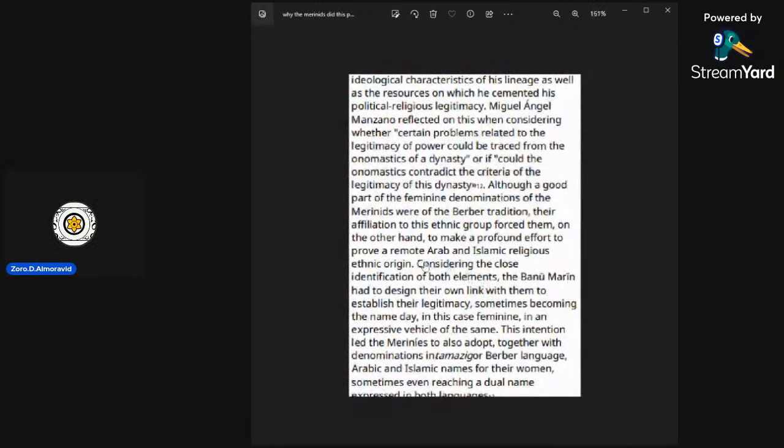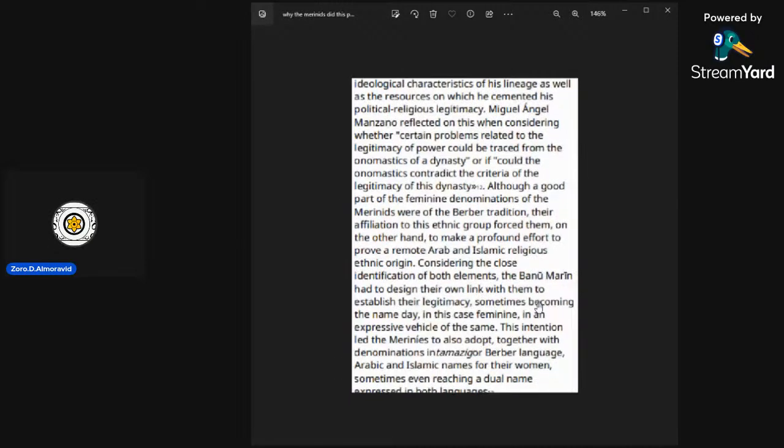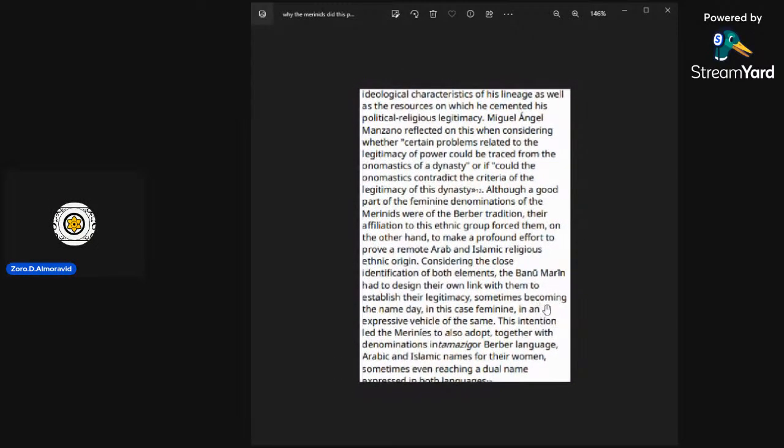Considering the close identification of both elements, the Banu Marin, who are the Marinids, had to design their own link with the Arabs to establish their legitimacy, sometimes making the name, in this case feminine, an expressive vehicle of it. This intention led the Marinids to also adopt, together with denominations in Tamazight, Arabic and Islamic ones, sometimes even reaching a dual name expressed in both languages.